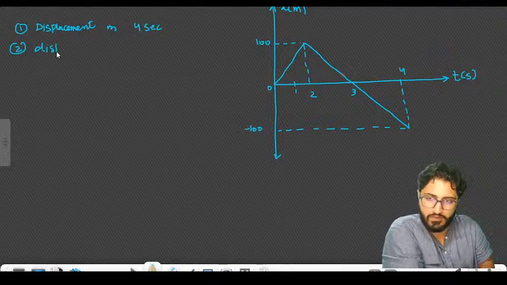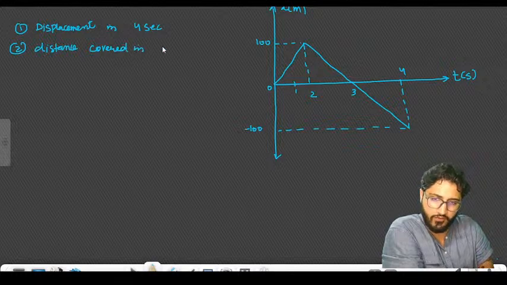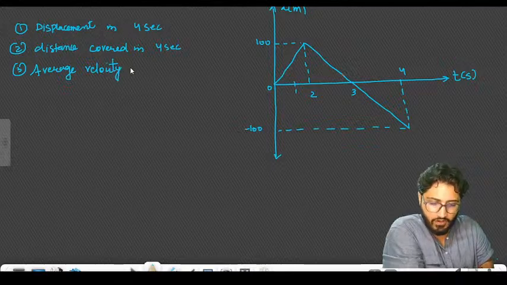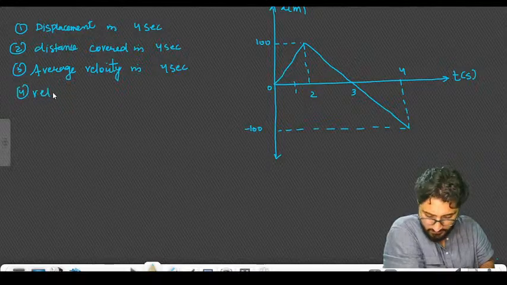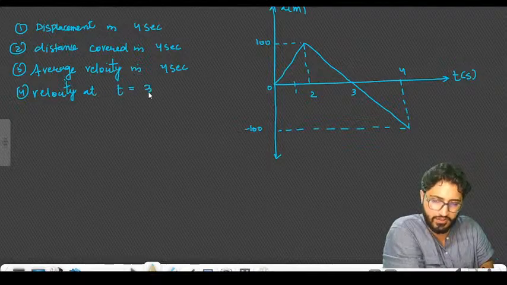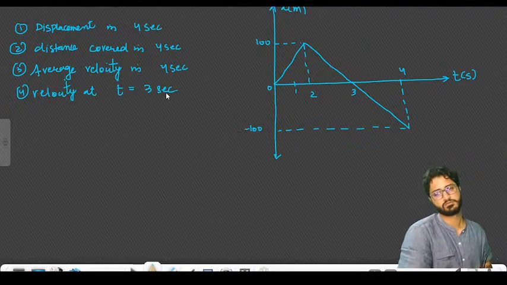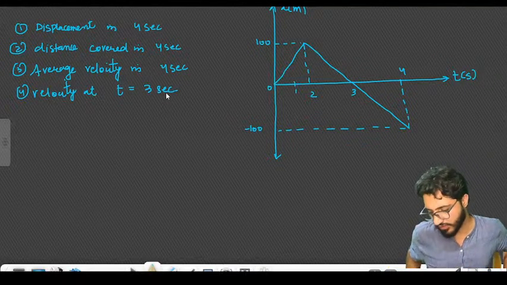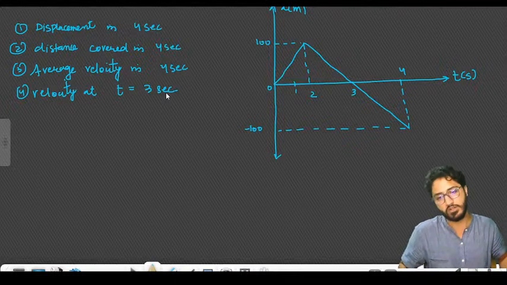Second one, distance covered in 4 seconds. Third one, average velocity in 4 seconds. Fourth one, velocity at t equals 3 seconds.